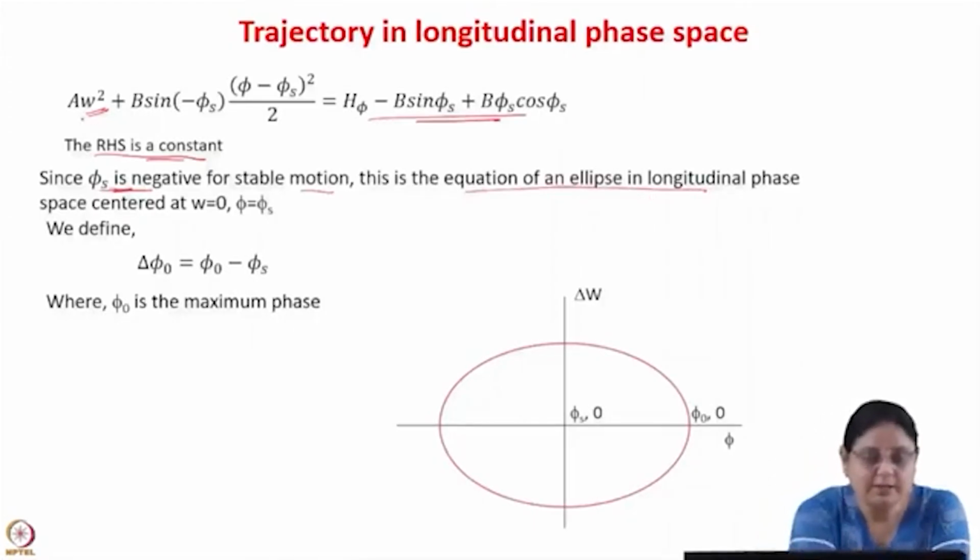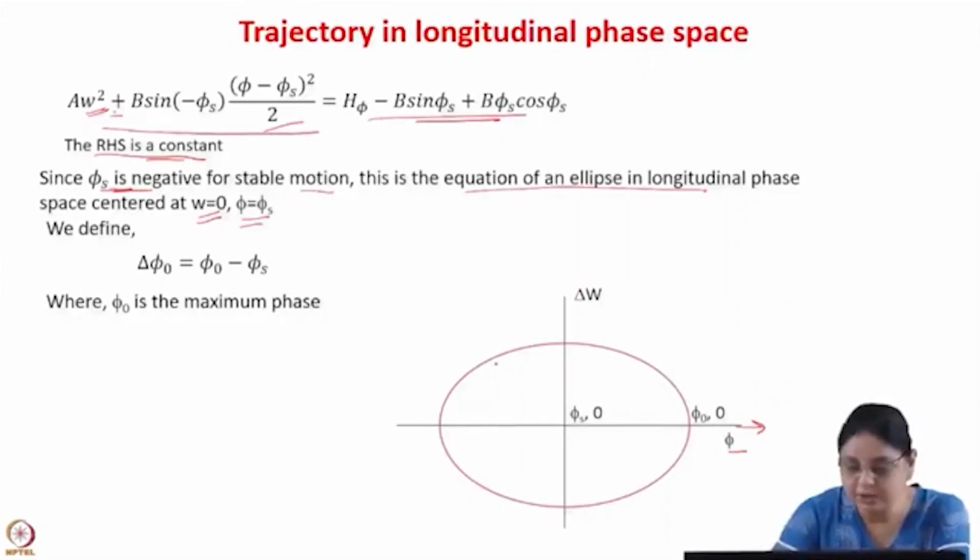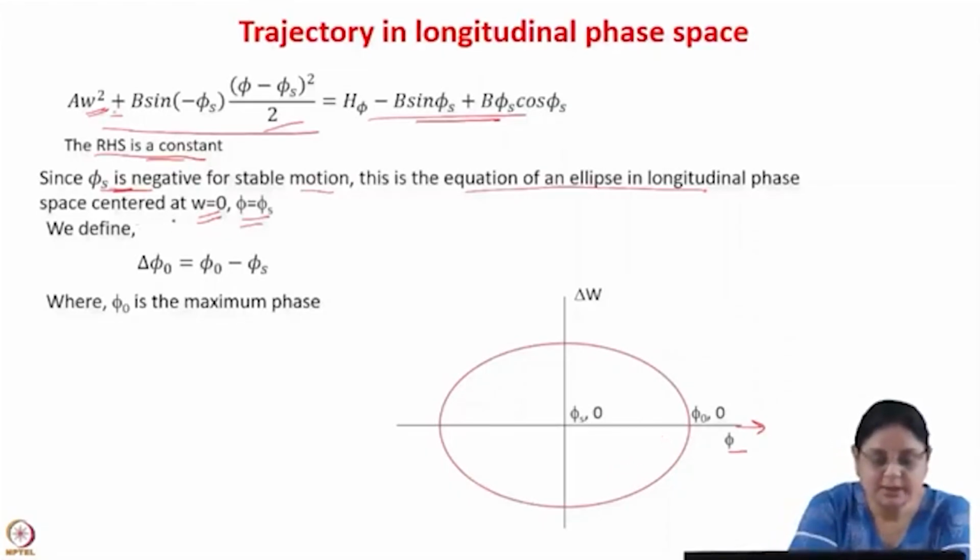You can see that this is the equation of an ellipse in small w and phi, centered at w is equal to 0 and phi is equal to phi s. So in the longitudinal phase space phi and delta w, you can draw this equation, and this will come out to be an ellipse, centered at w equal to 0 and phi equal to phi s.